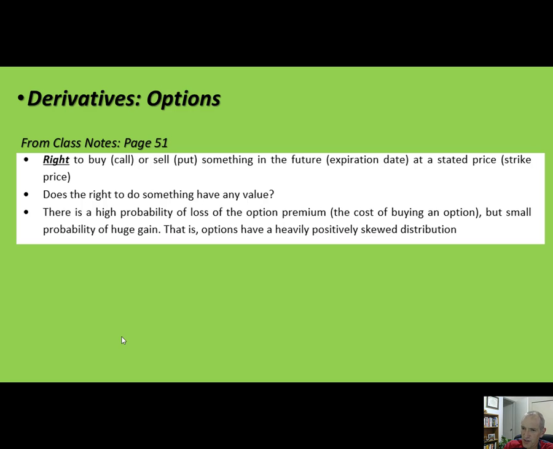Now, insurance is a good example of this. Auto insurance is like buying a put on your car. It says, if my car gets totaled, I have the right to sell my car back to the insurance company for its cash value. So you have a car with a cash value of $7,000. You total it, and it is now worth $0. You now have the right to sell that car back to your insurance company for $7,000.